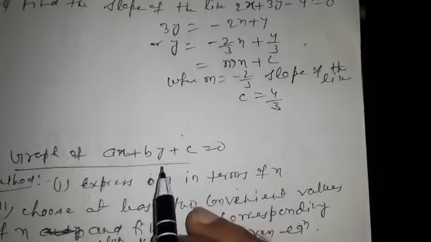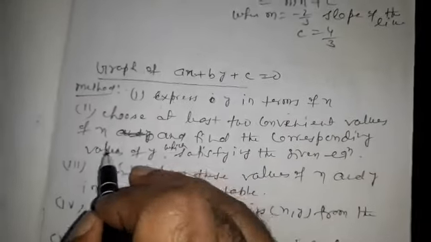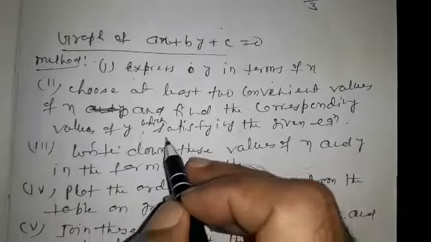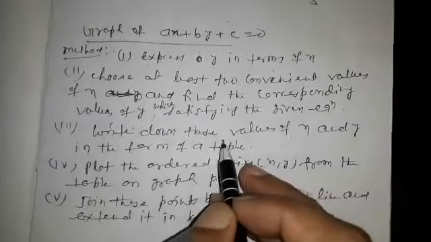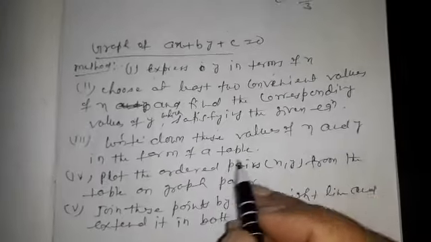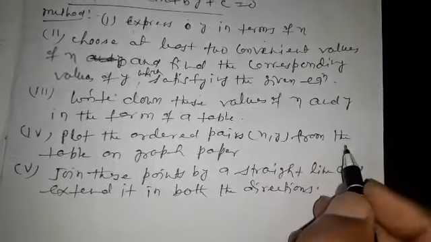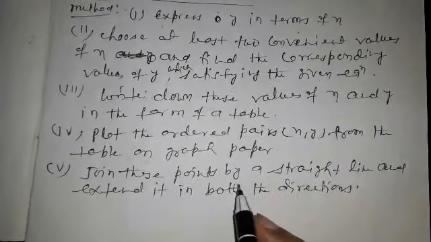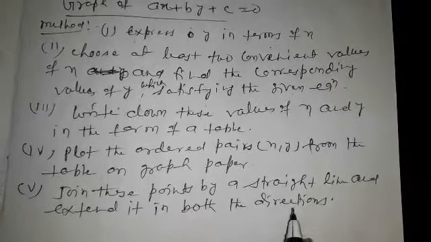Choose at least two convenient values of x and find the corresponding values of y which satisfy the given equation. Write these values of x and y in the form of a table. Plot the ordered pairs (x, y) from the table on graph paper. Join these points by a straight line and extend it in both directions.